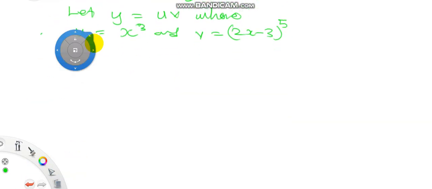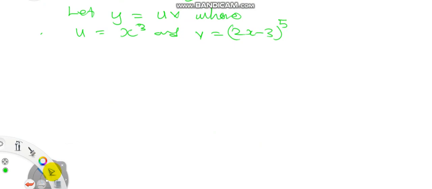Let's have some space, and then we can now differentiate each of these. Well, first of all, let's state the product rule for differentiation.